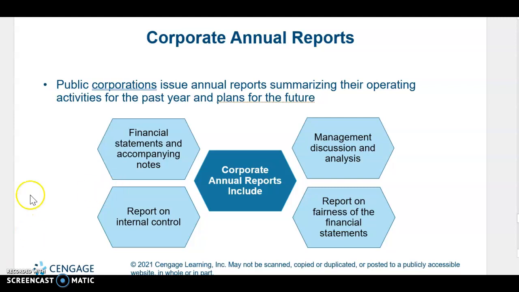For all publicly traded companies, there are corporate annual reports that are available to the public. Smaller companies or companies that are not publicly traded may have these reports too. They just might not be available to the public. And an annual report is going to provide information about the company's financial condition.